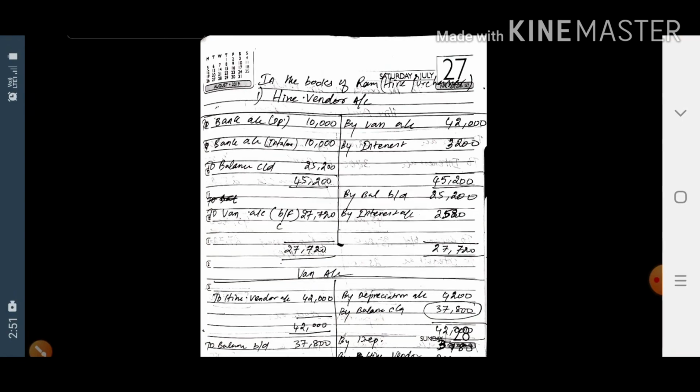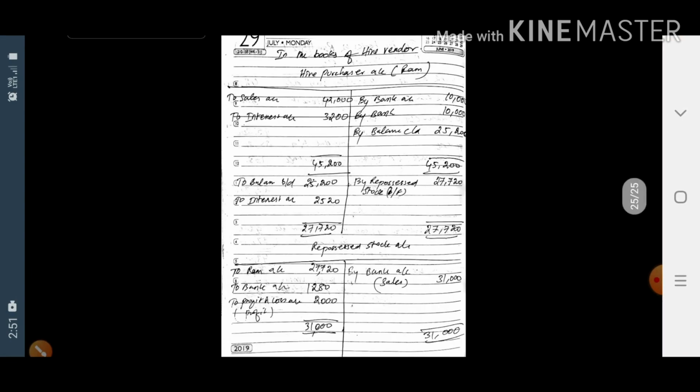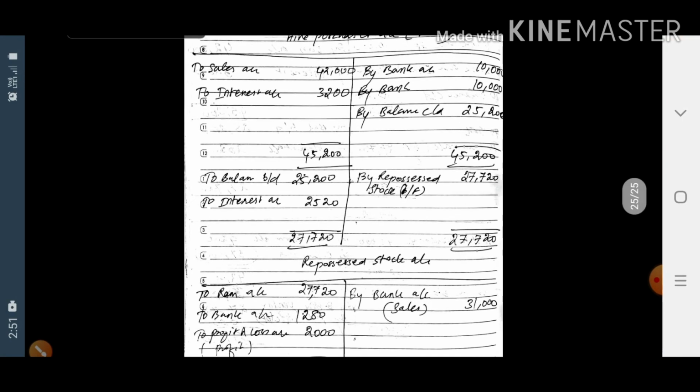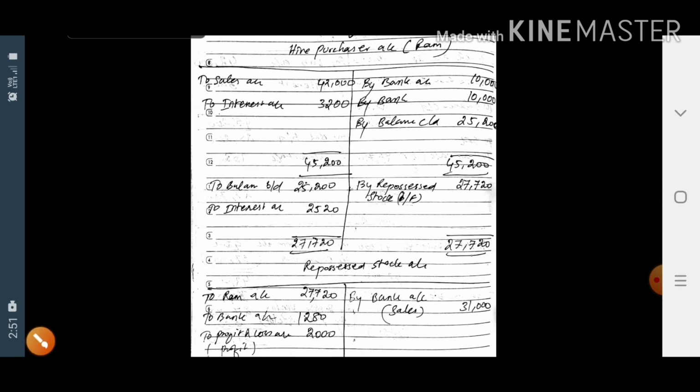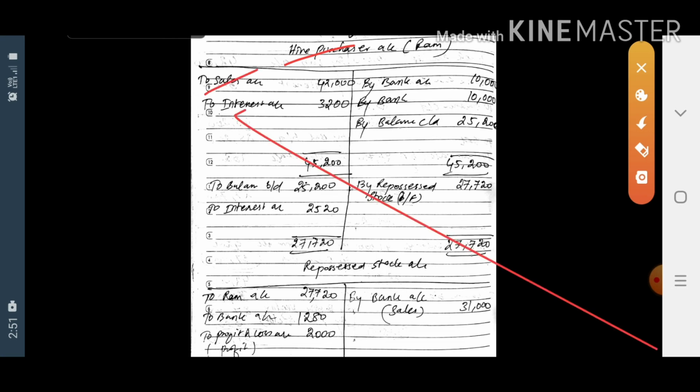Now we will move on to the ledger accounts in the books of the hire vendor. So in the hire vendor books, we will prepare the hire purchaser account. It's like sales to interest. So interest 3,200, down payment 10,000.